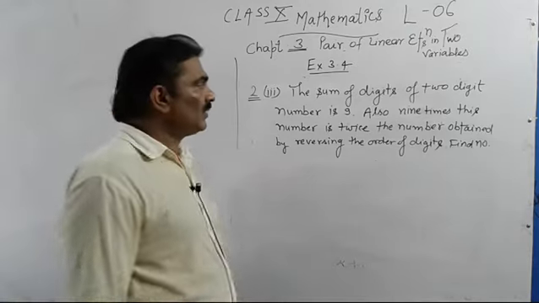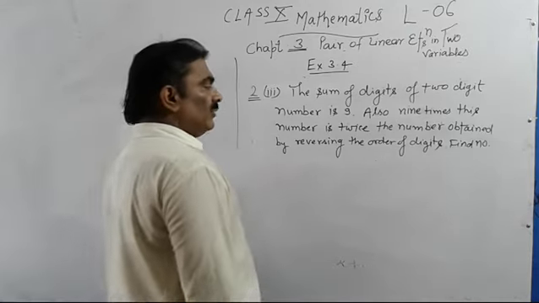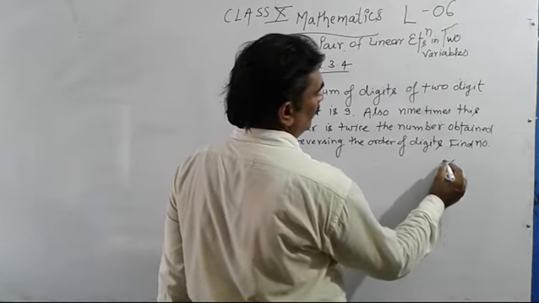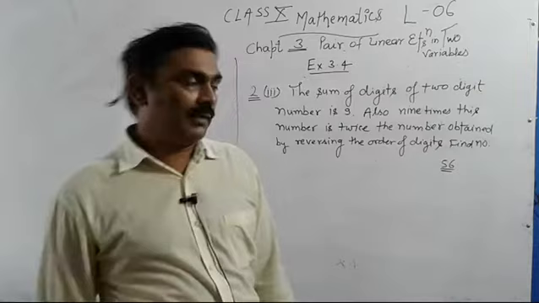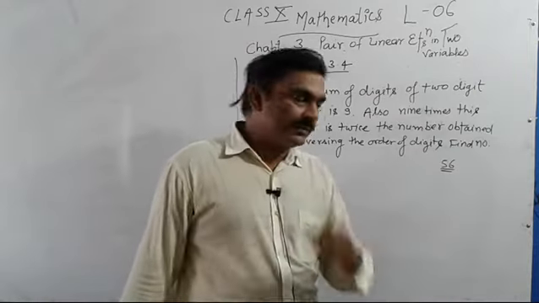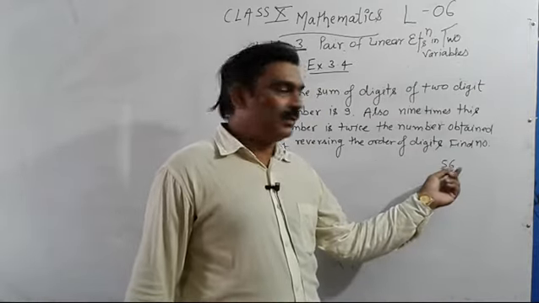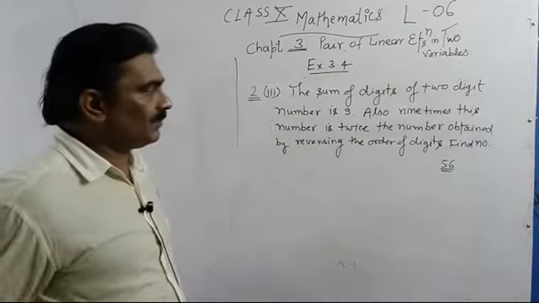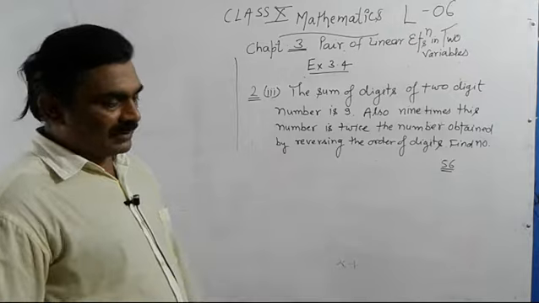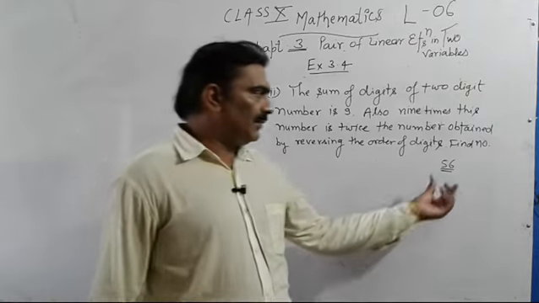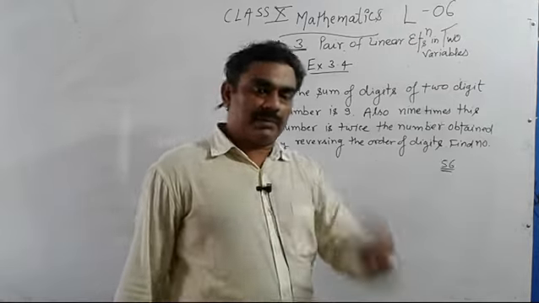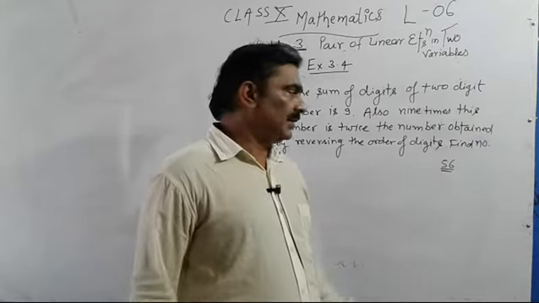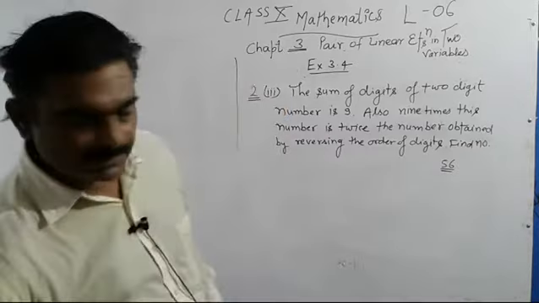Find the number. So students, first of all you may know that suppose we have been given 56. So 56 is a number where there are 2 digits. First unit place 6 and 10th place 5. So these are numbers having 2 digits. So it may be said that if there are 2 numbers, then we put them together, then the number becomes of 2 digits.